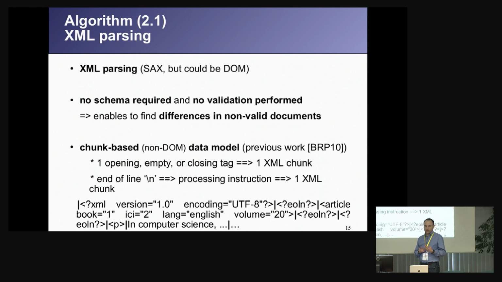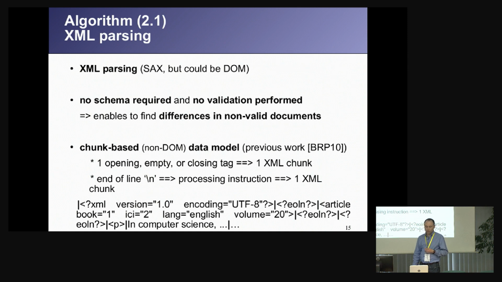It enables finding differences in non-valid documents, because remember our use case: we want to validate tagging algorithms, and sometimes they can produce non-valid documents. And we want to see all the differences and not have a validation error that stops the process when it finds an error.